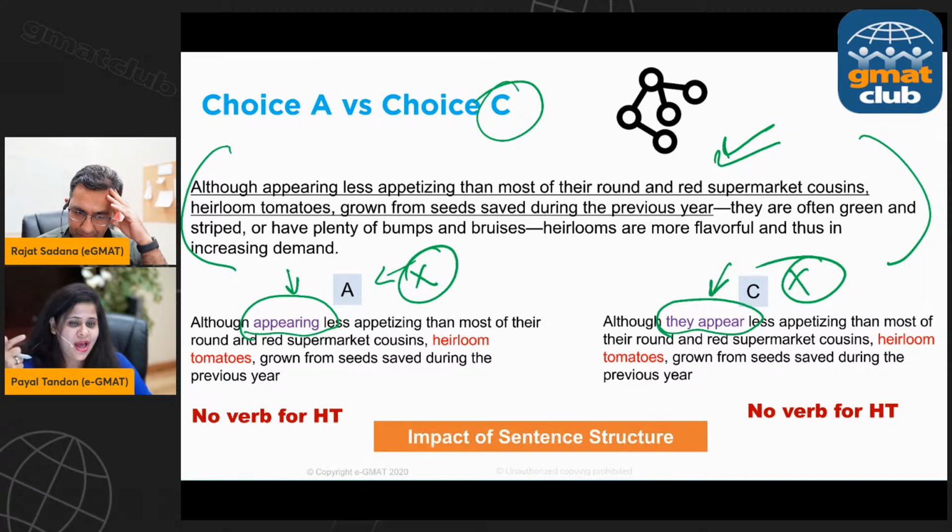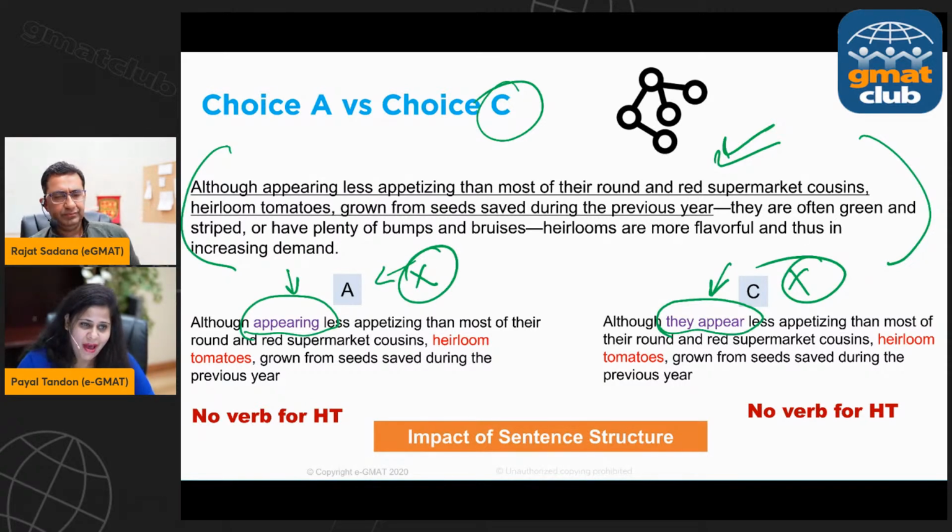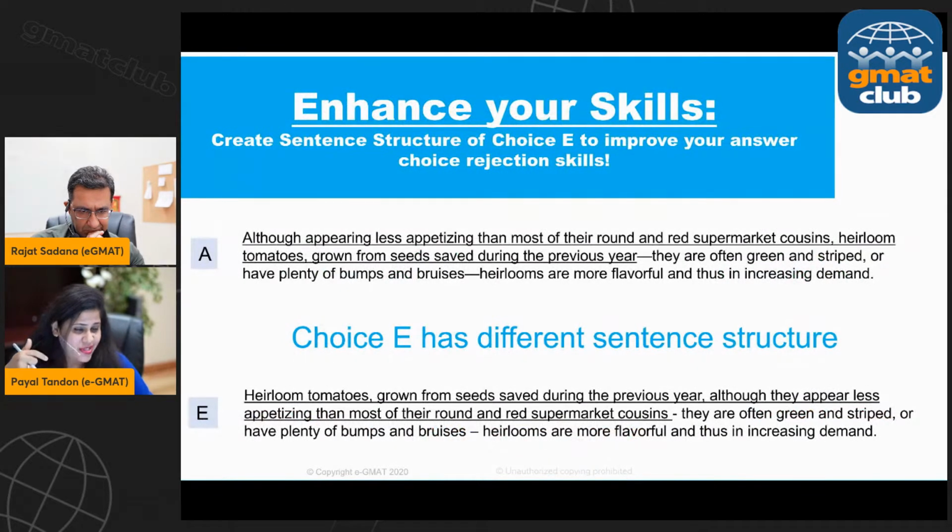And as you get this kind of feedback when you're reviewing the answer choices and the solutions, you start to figure out where the holes in your process are, and what the skills are that you have to build. Now, choice E. This is the opportunity for you when you're doing strategic review to enhance your skill set.